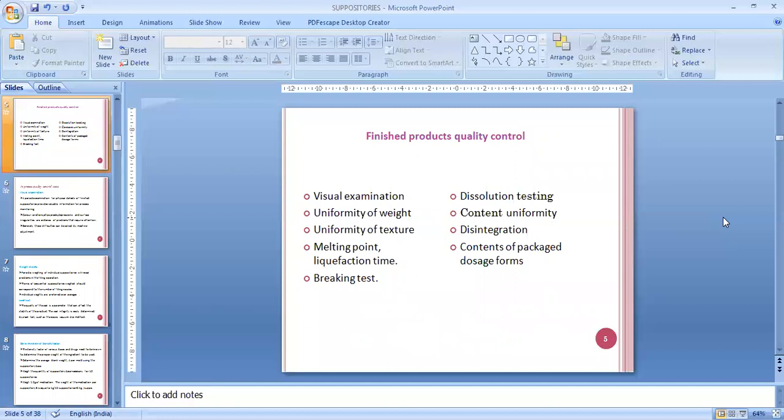Then the finished product quality control tests: here there are nine tests: visual examination, uniformity of weight, uniformity of texture, melting point, liquefaction time or breaking time, dissolution testing, content uniformity, disintegration, and contents of packed dosage forms.